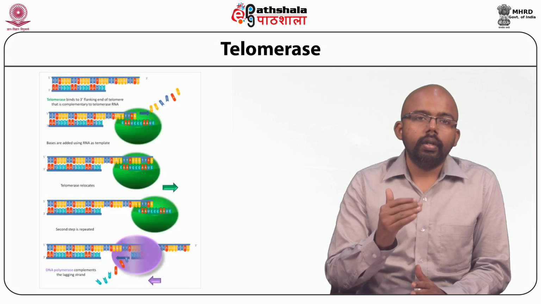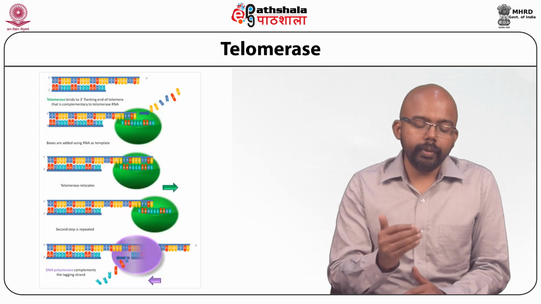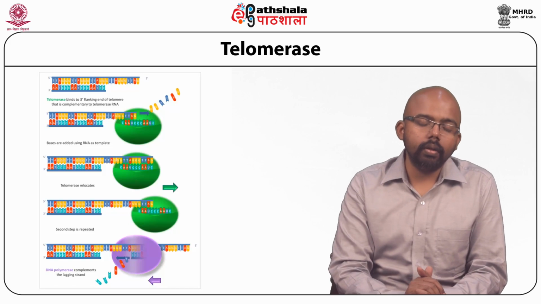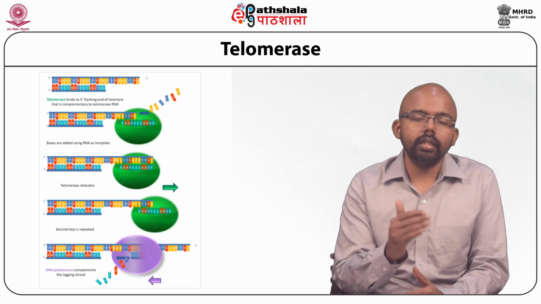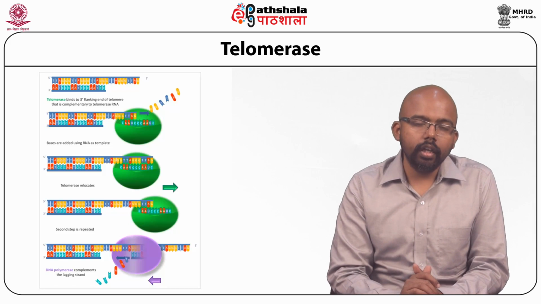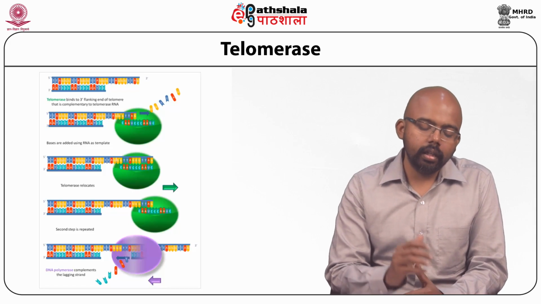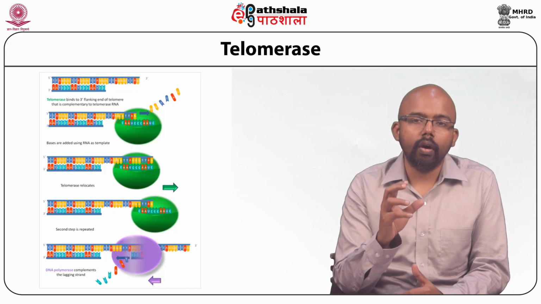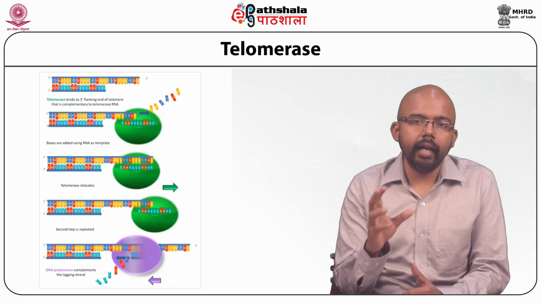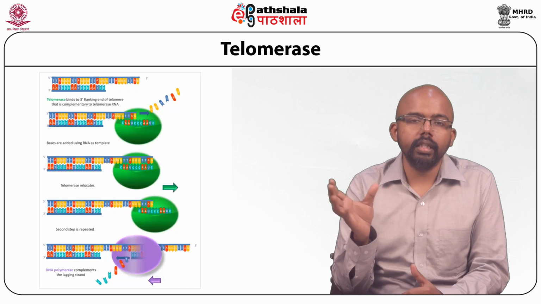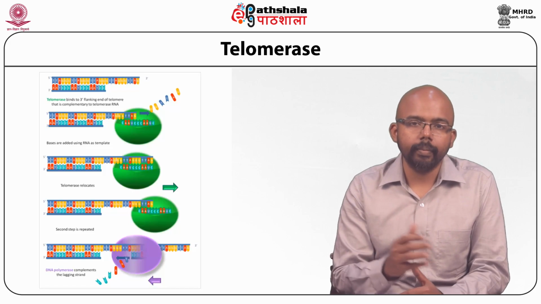Now, telomerase is a unique phenomenon which is found only in eukaryotes and in some other organisms. What is telomerase? If you remember, Okazaki fragments are formed on the lagging strand and later the primer of the Okazaki fragments is replaced by DNA.